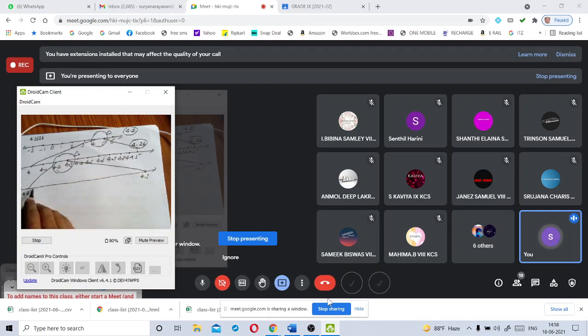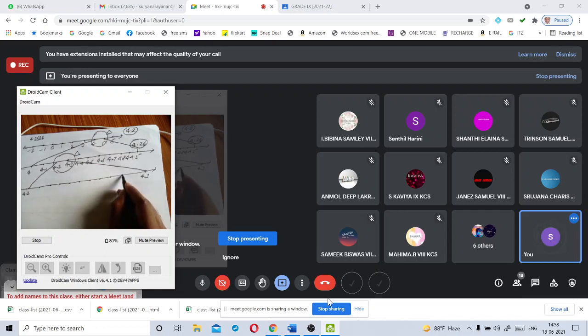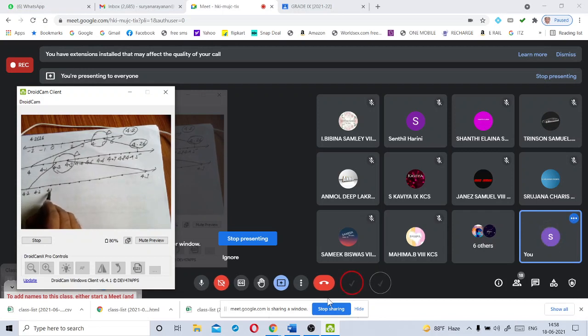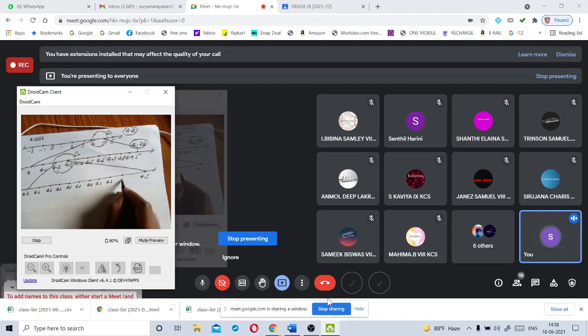We have to divide this area into 10 equal parts. Write 4.2 at each mark, and after that write 1, 2, 3, 4, 5, 6, 7, 8, 9, like this.